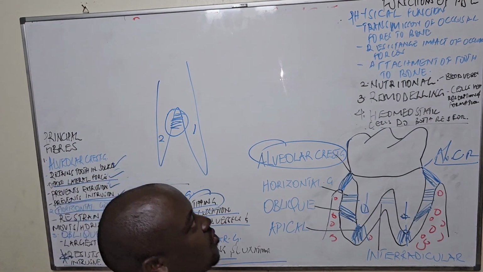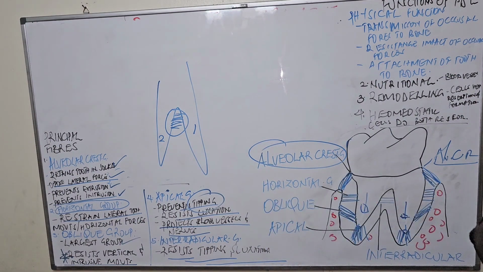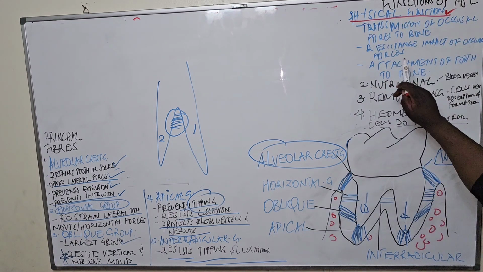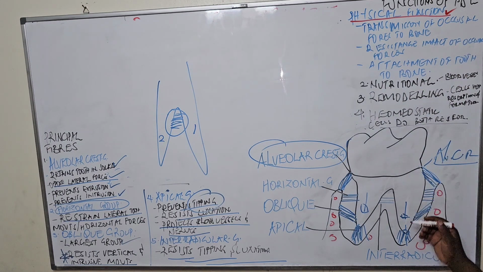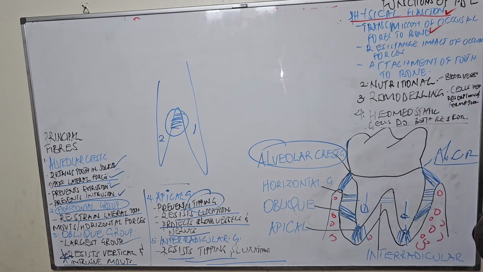Lastly, we are going to look at the functions of the periodontal ligament. One is the physical one: transmission of forces from occlusal to the bone. We can have a force here, but it may not reach the bone without using these fibers.